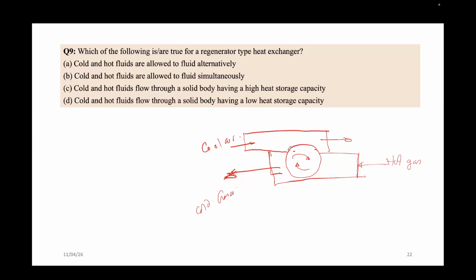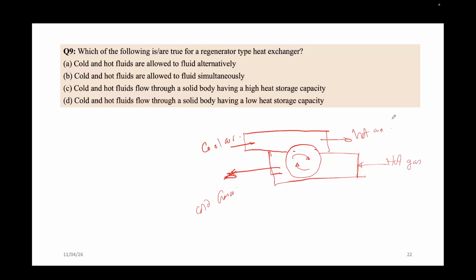As the fan is moving because of this hot air, it is generating heat. Once the cold air is moving, the cold air will take up this heat from the fan or the body of the fan, and that's why the hot air will come outside.